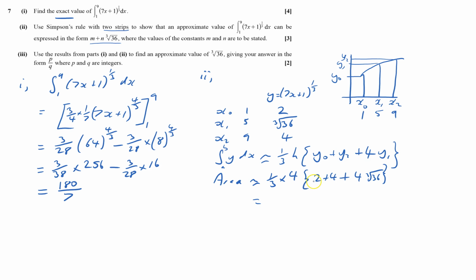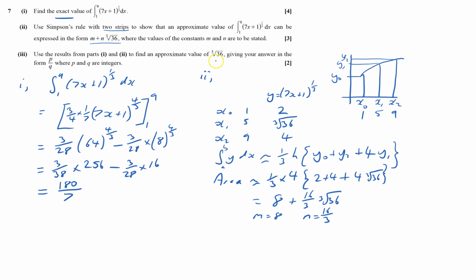And that equals 4/3 of 6, which would be 8, plus 4/3 of 4, so that'll be 16/3 of the cube root of 36. So I have expressed it like they wanted, so just make it clear, m equals 8 and n equals 16/3.